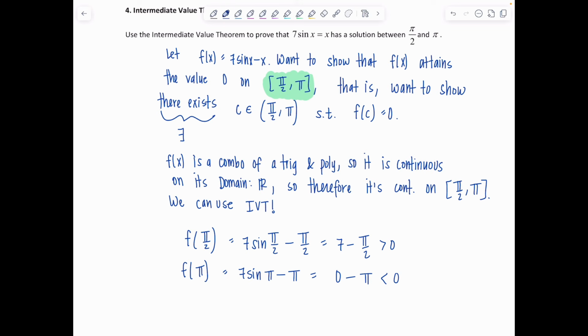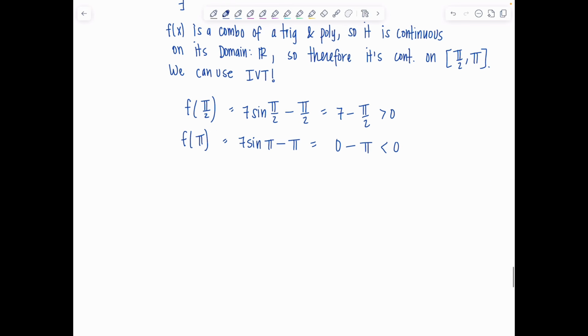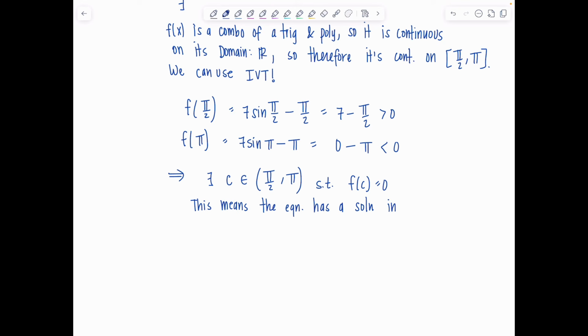So since I showed that the function value on one side of the interval is negative and on the other side it's positive, what does that tell me? This implies that there exists some number c on the open interval from pi over 2 to pi. I know c isn't one of the endpoints because we plugged in the endpoints. One was negative, one was positive, such that f of c equals 0. And this means the equation has a solution in the interval pi over 2 to pi.